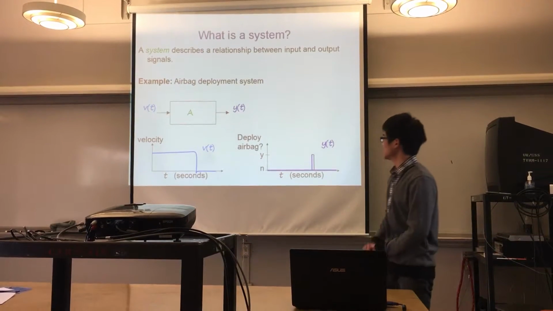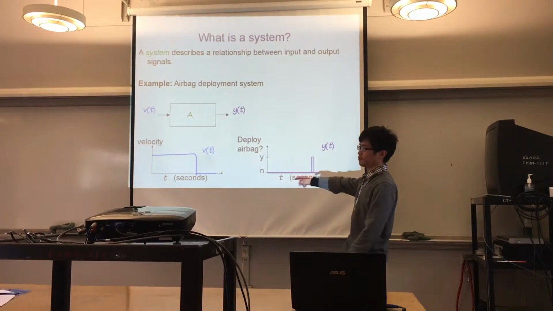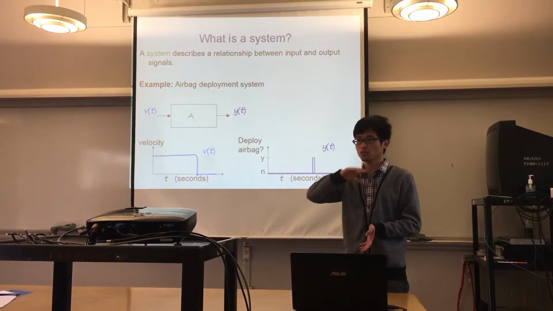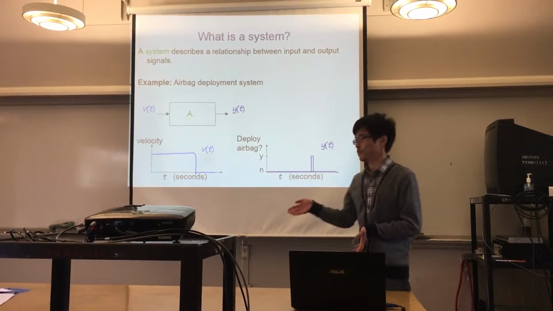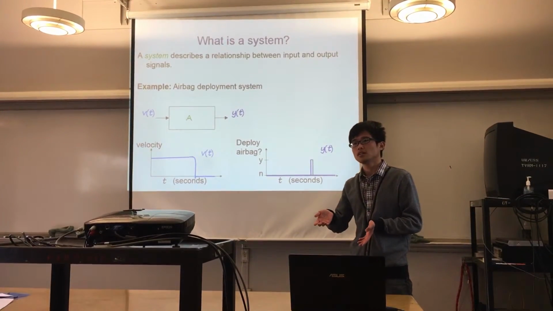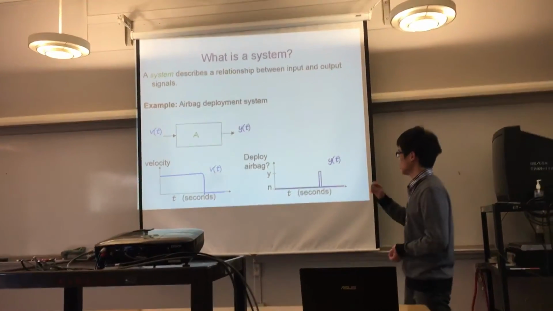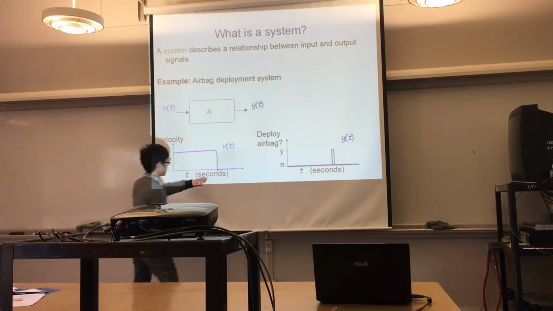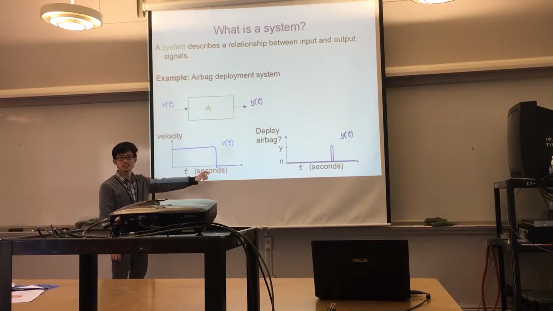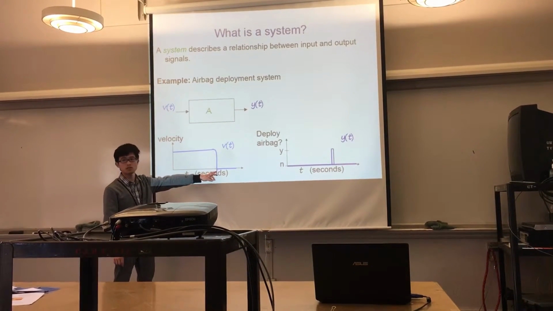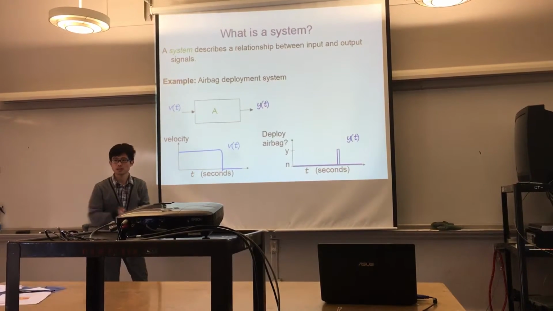Oh no. If the velocity changes very quickly, then the airbag will deploy. You can look at this speed change. At this time t, the velocity suddenly became 0. So it's like a very quick brake.